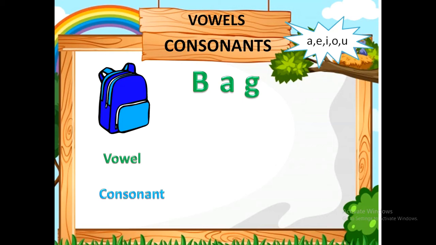Yes, B is a consonant. Next letter is A. Children, tell me, A is a vowel or consonant? Very good. Children, A is a vowel. Next letter is G. Yes, G is a consonant.